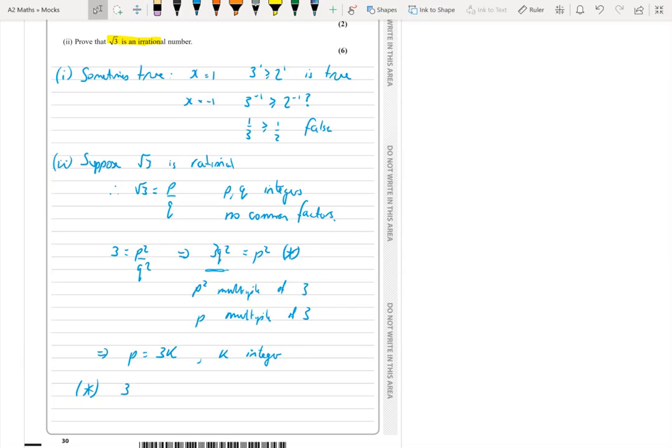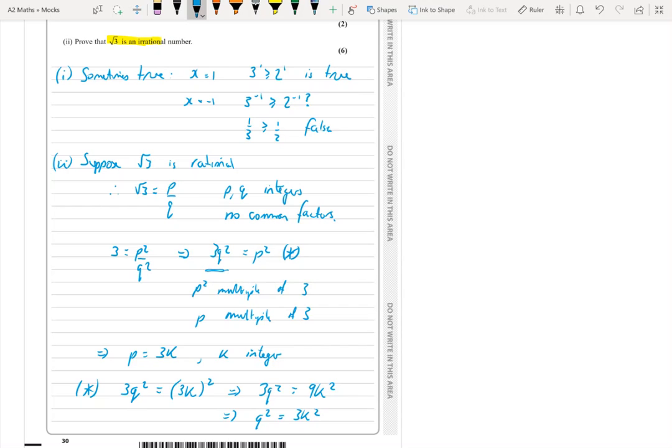So the left hand side is still 3q squared and the right hand side of that equation was p squared, and we're going to substitute 3k for p. So we've got (3k) squared. And let's just simplify that. We've got 3q squared on the left and that's going to become 9k squared when we expand the right. Divide by 3 both sides, q squared equals 3k squared.